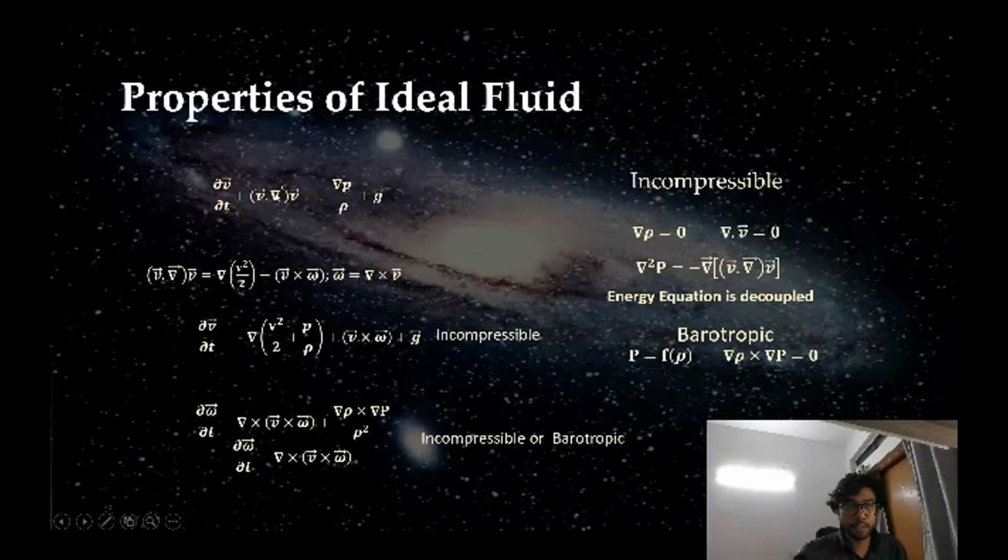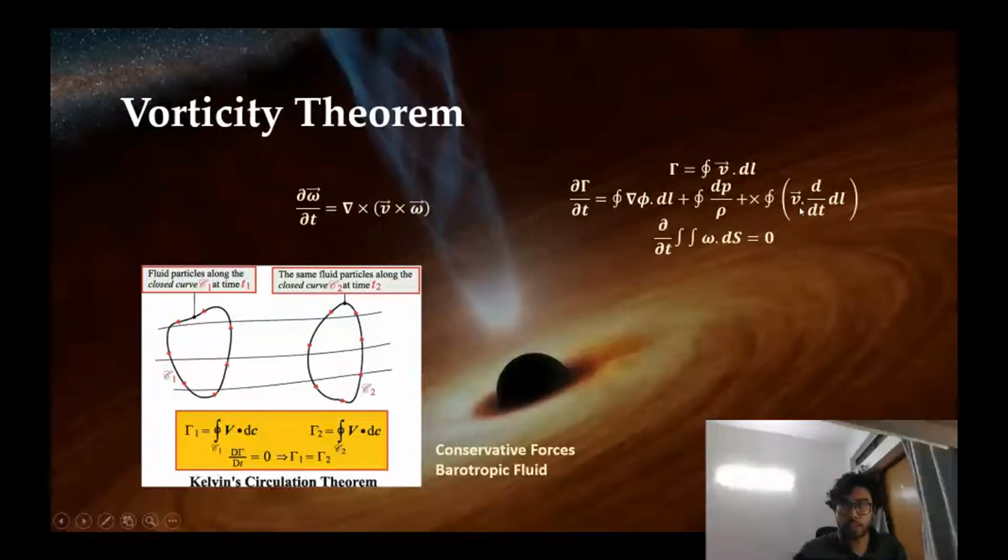And from this term, if you do dot dl, it's a closed integral of v dot d dt of dl. This d dt of dl will be dv, right? So this will be integration over v square, and integration of v square across a closed loop will become 0.